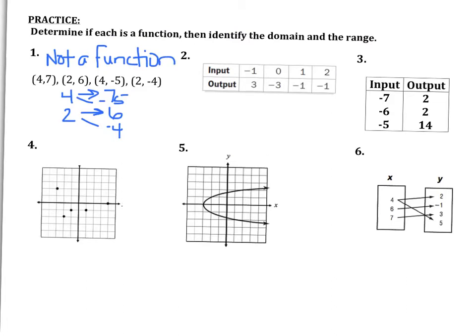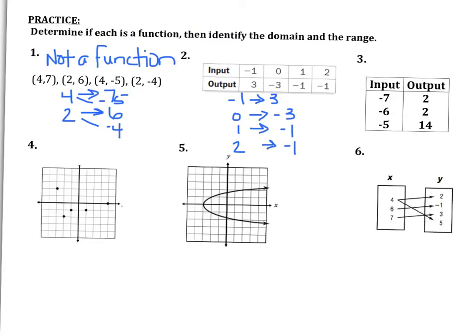All right, let's take a look at the next one. I've got -1, the output would be 3. Input is 0, the output is -3. Input 1, output -1, and input 2, output -1. This is a function.